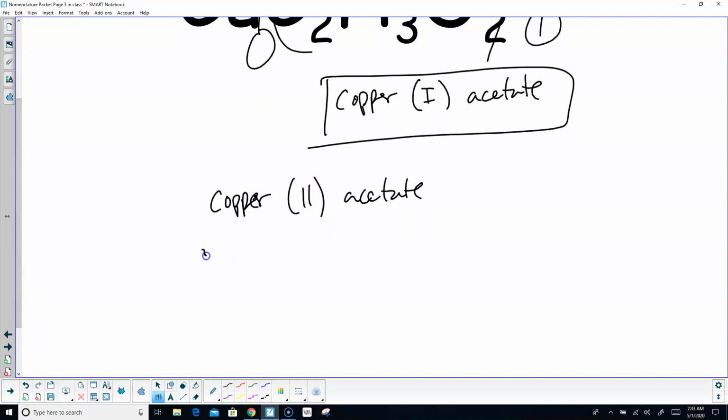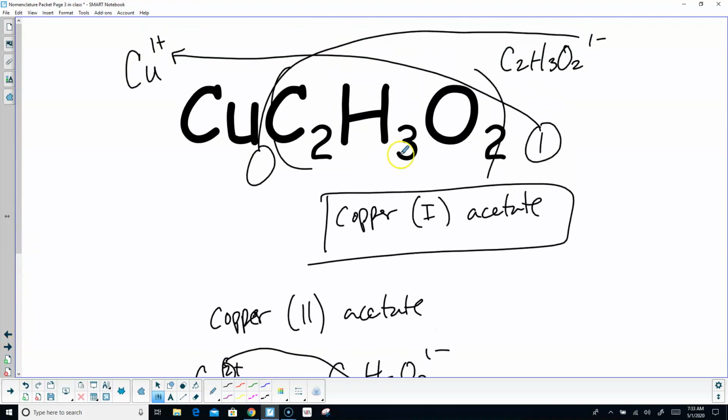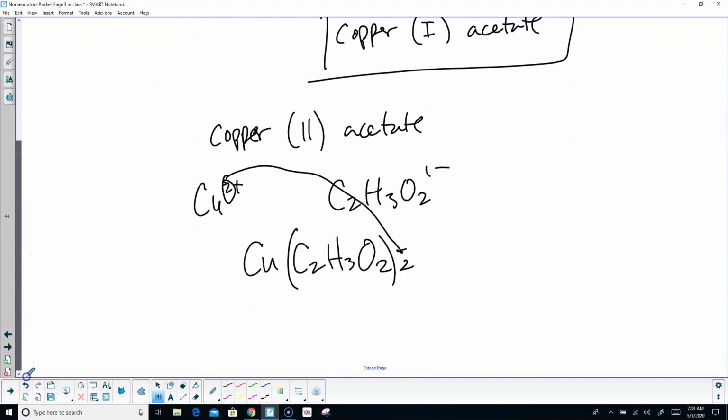That 2 would imply that copper's charge is 2 plus. Acetate, C2H3O2, is 1 minus. And so this 2 would come down here on the end, and to prevent it from looking like 22, you'd put acetate in parentheses. So this is not copper 2, because this 2 doesn't move as part of acetate. Hopefully that makes sense.